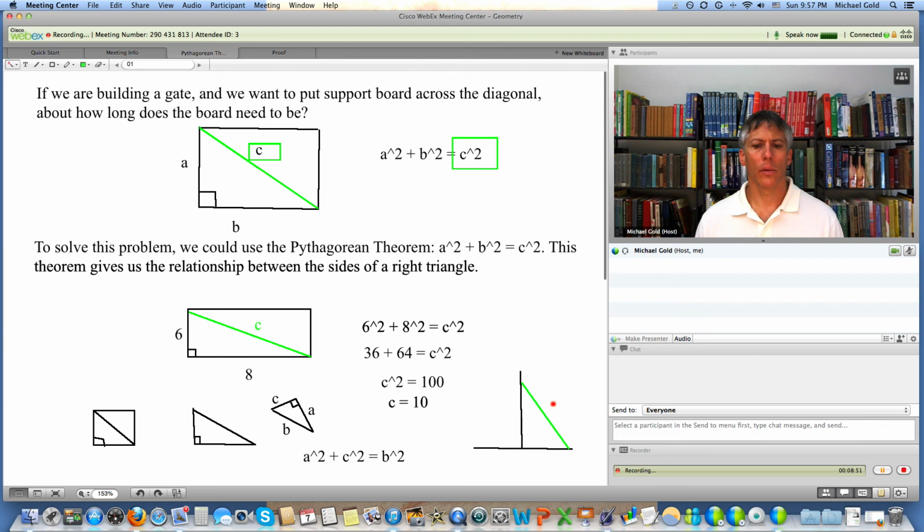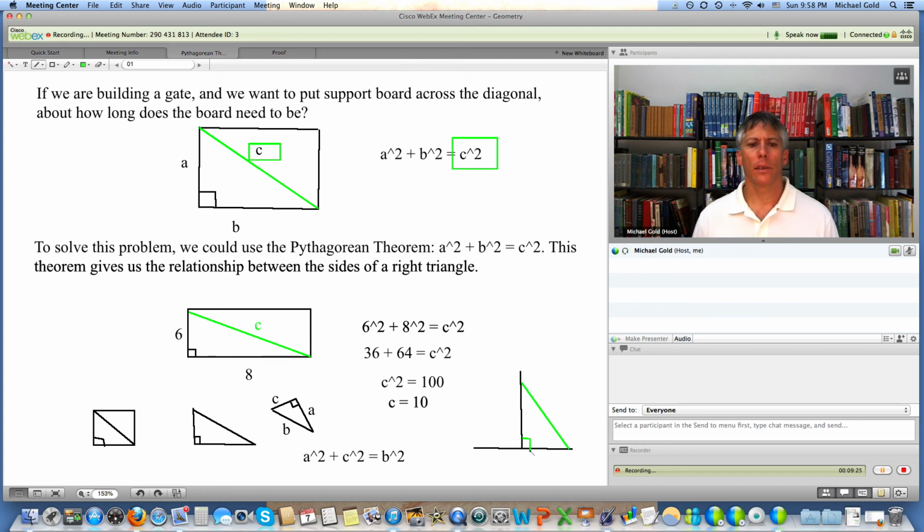So we have a right triangle because the post or pole is at a right angle to the ground. So we can apply the Pythagorean theorem. And you'll be seeing this many other times in math. You'll be seeing this in your study of geometry and Algebra 2 and pre-calculus and calculus.